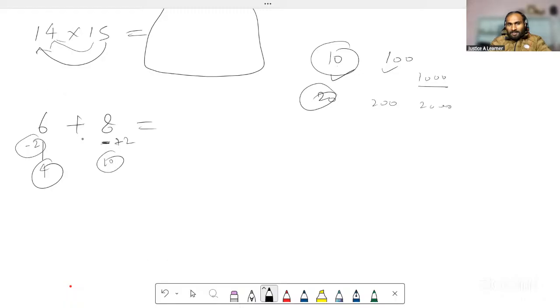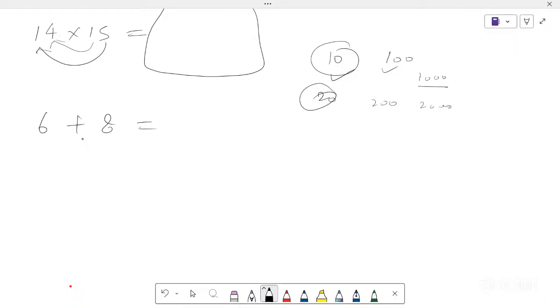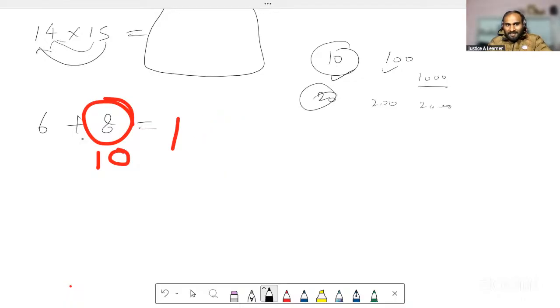You did not understand. Once again. First, you have to get to the nearest. For 8, nearest is 10. Now, 10 plus 6 is 16? No, that is wrong because this is injustice with this number. If you are making it 10, it means you are adding 2 here, right?